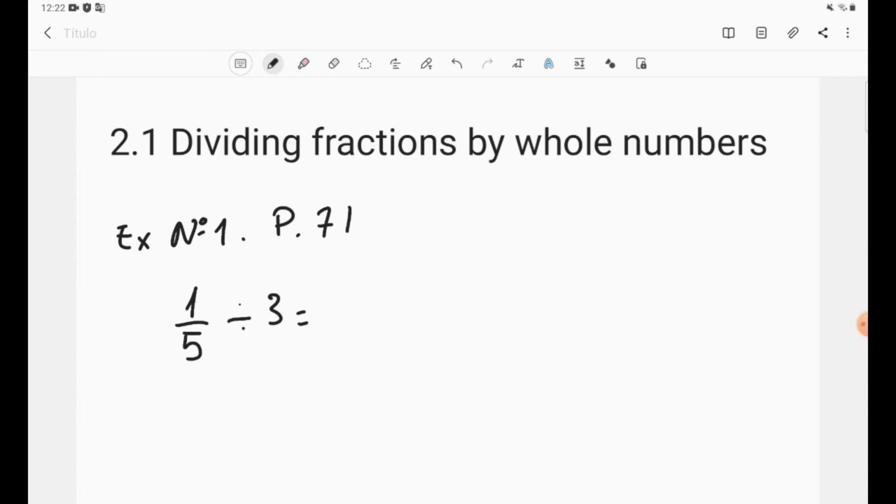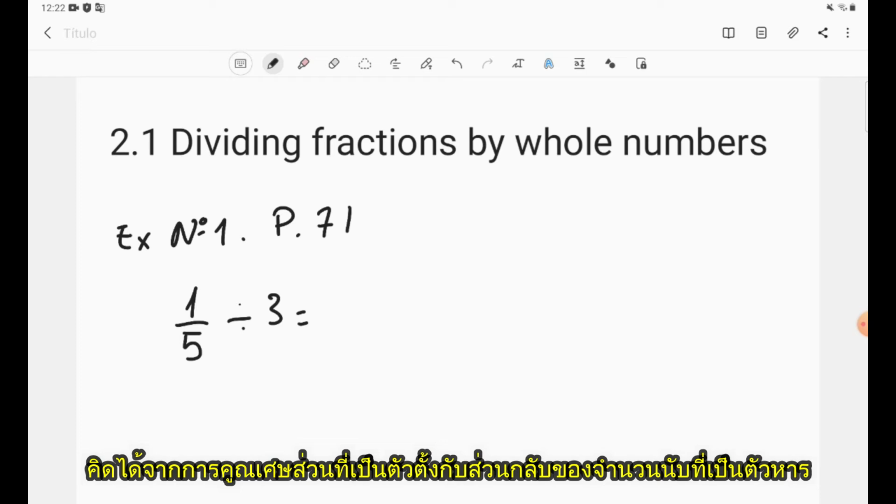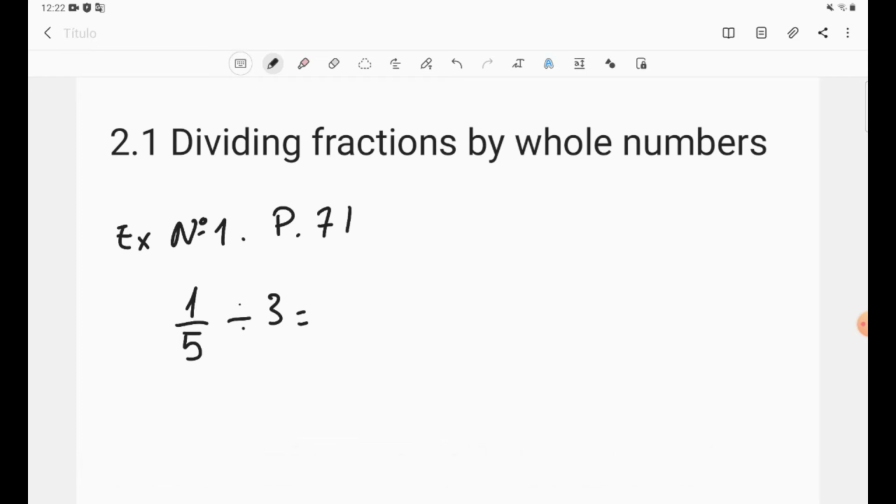Here we have an explanation that says the quotient of a fraction and a whole number can be calculated by multiplying the fraction and the reciprocal of the whole number. What is the reciprocal of 3?